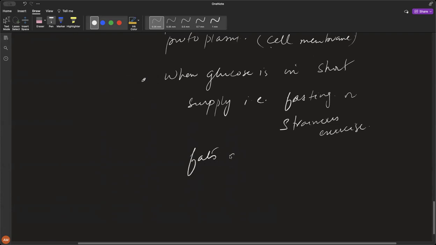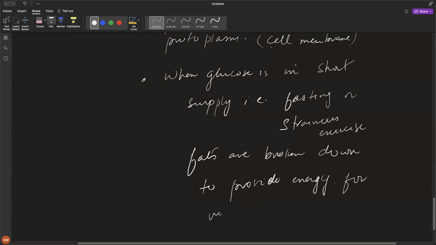Fats or lipids are broken down to provide energy for vital cellular activity. When we talk about cellular activity, it includes muscle movement and everything.